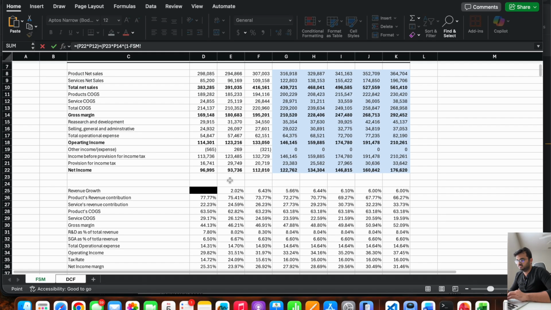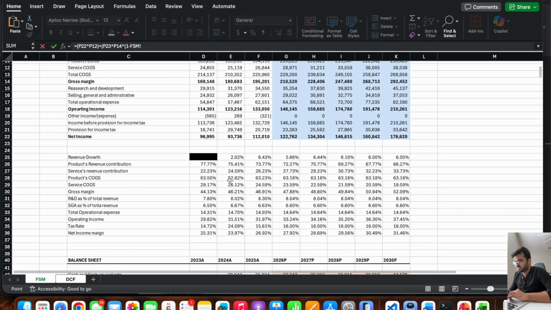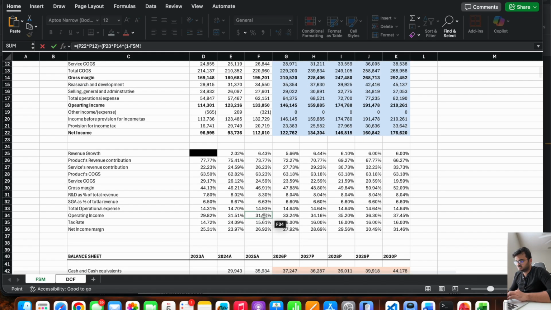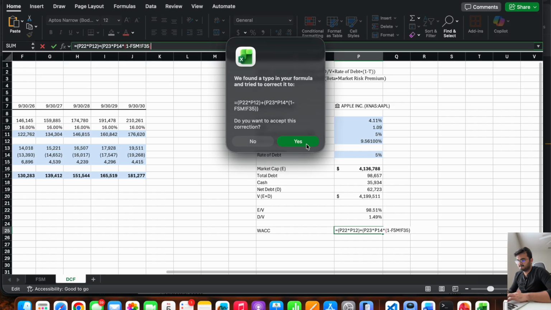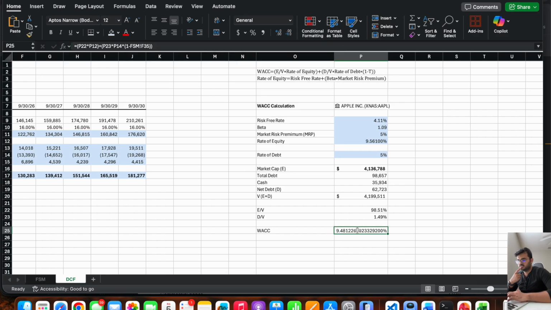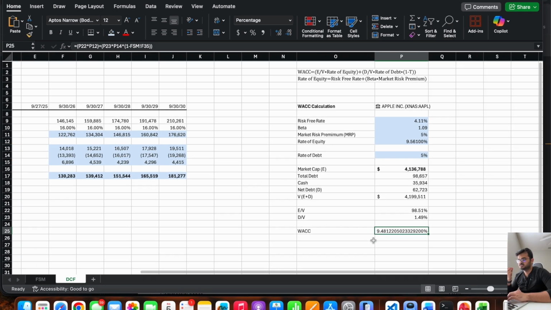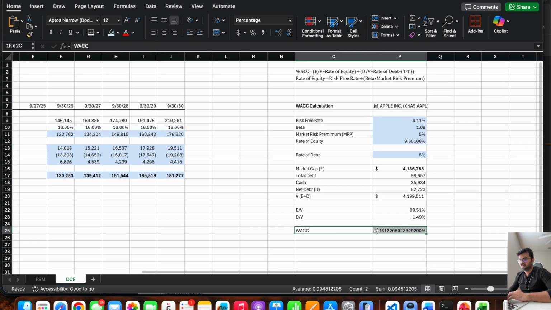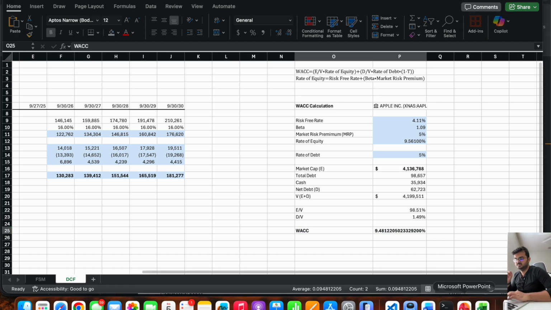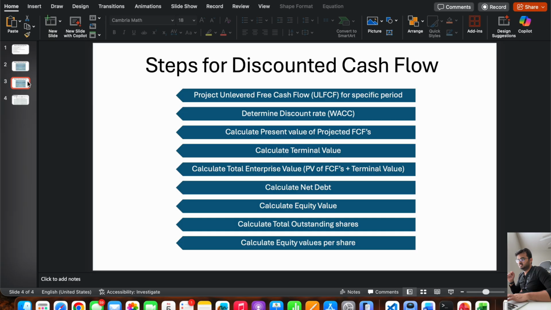Since mine is the annual report, I will plug in the tax rate here. Tax rate is this number. So now this gives me a WACC of 9.4812%.